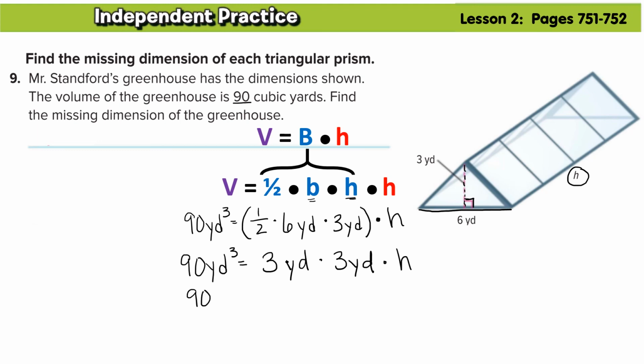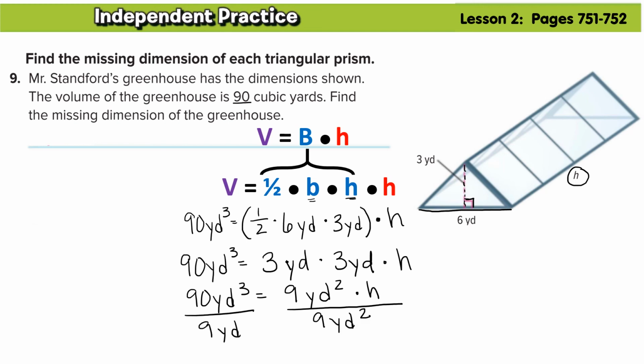So 90 yards cubed equals 9 yards squared times the height. Now we're going to divide by 9 yards squared on both sides. That cancels each other out, and h equals 10 yards.